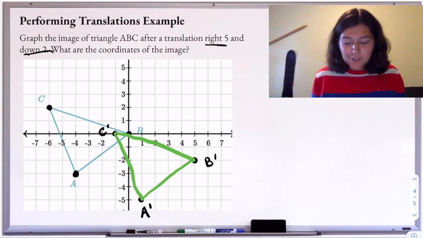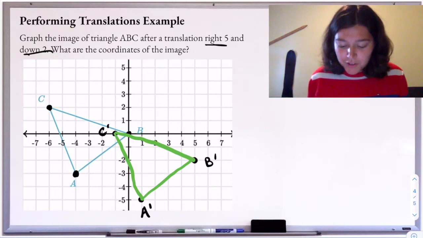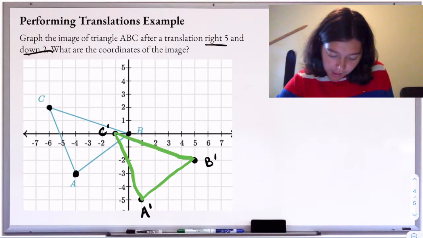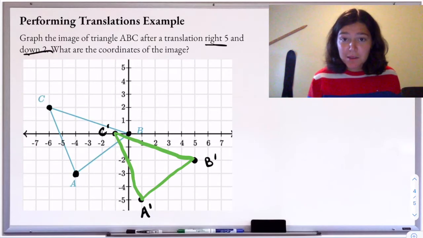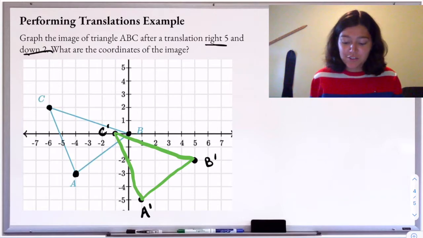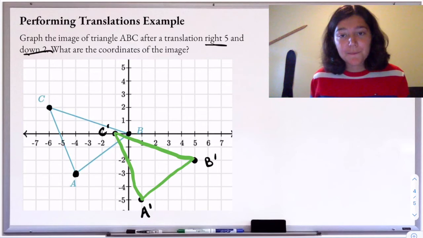Again, I don't have a ruler, so it's not the most beautiful picture, but you can see it's the same shape. If I had a ruler and drew it perfectly, we would have the same angles, the same side lengths, and it would just be this original triangle A, B, and C, but translated right 5 and down 2 to make triangle A prime, B prime, and C prime.